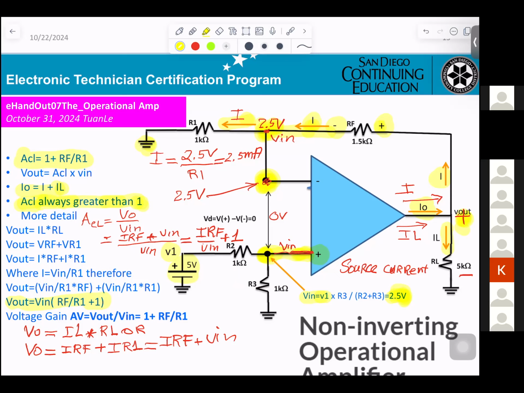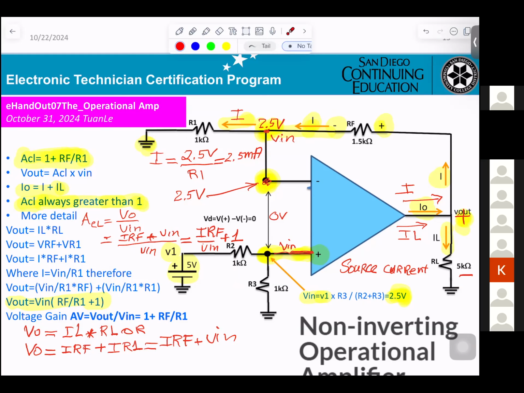That is the formula for gain. If you get time, you can go into detail on how they get this, otherwise I don't care.